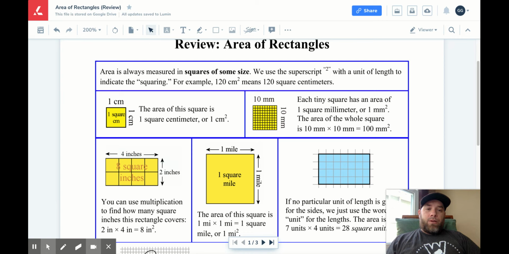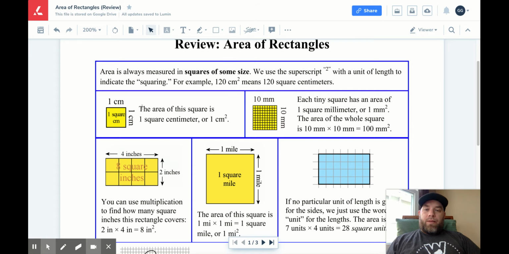And then we have a unit of length to indicate the square. For example, 120 centimeters squared means 120 square centimeters. So 120 cm is centimeter, and then that number 2 means square.